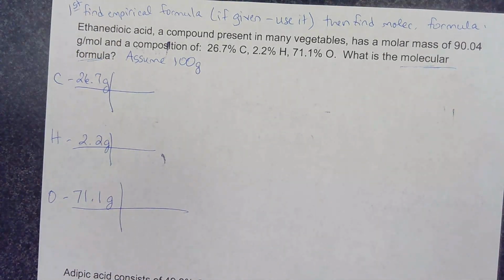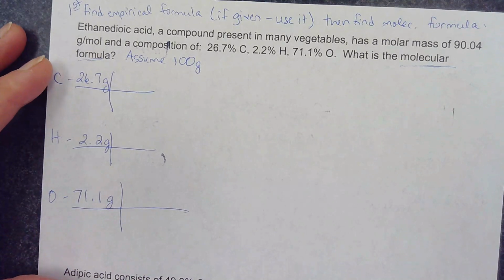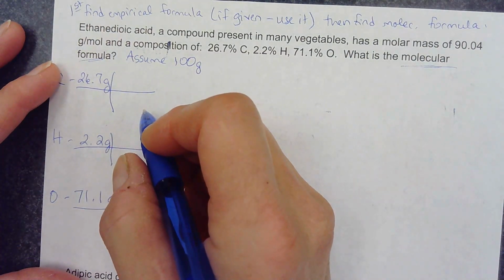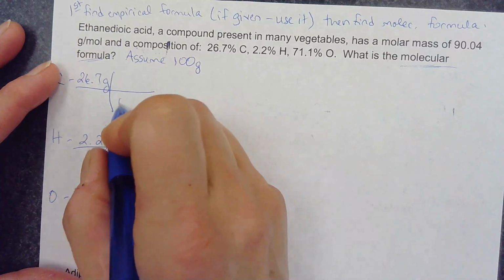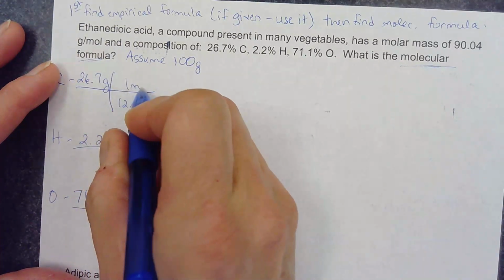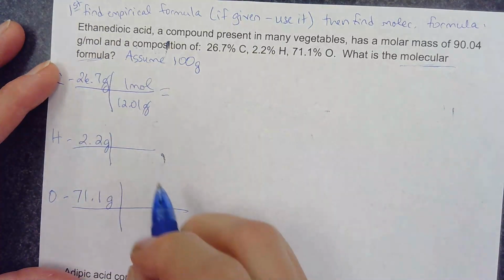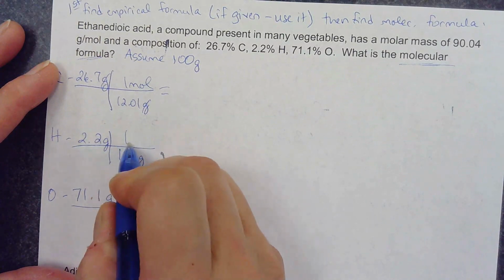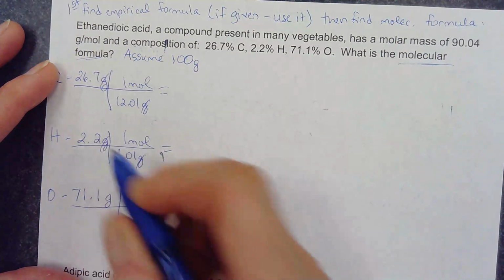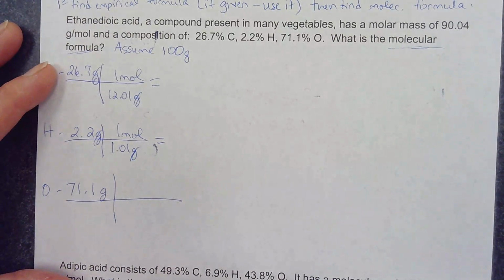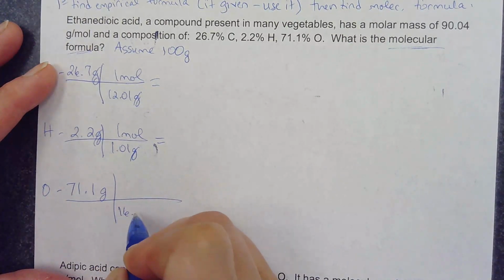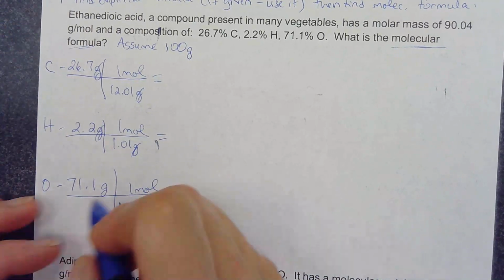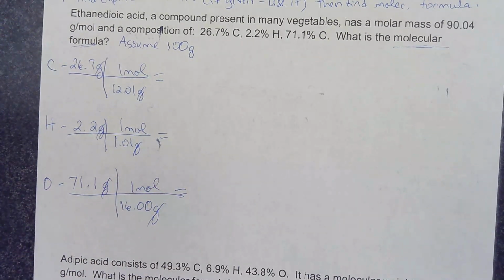I go to my periodic table. How many grams are in 1 mole of carbon? 12.01 grams for every 1 mole. So grams cancel. Hydrogen is what? 1.01 grams for every 1 mole. Grams cancel. And oxygen is what? 16.00 grams for every 1 mole. So run those numbers on your calculator.